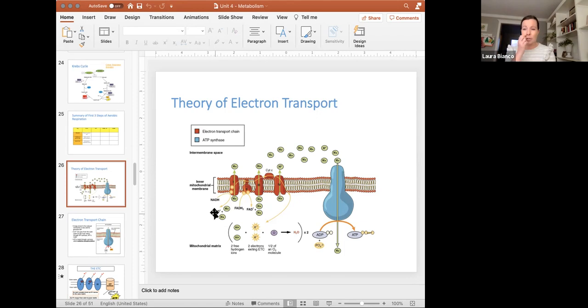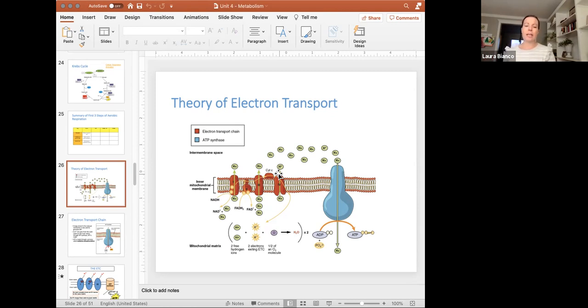The electrons that break off get passed from one carrier molecule to the next to the next. So they just pass down these electron carrier molecules. But it's these electrons that actually have the energy. So as the electrons get passed along, they are giving off the energy that they have.